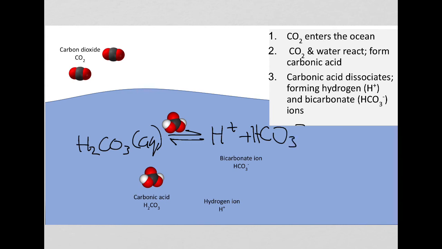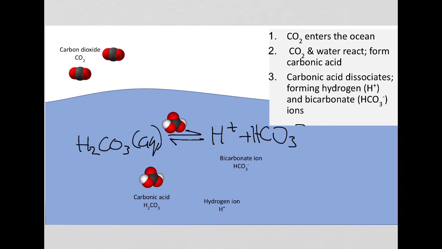So we can see that due to this H2CO3 breaking apart, it's going to produce more hydrogen ions. And these hydrogen ions can then react with other types of shellfish and other creatures to where now those are going to start making other side reactions and causing a problem with the acidification of the ocean.